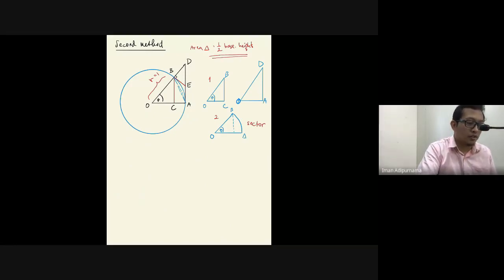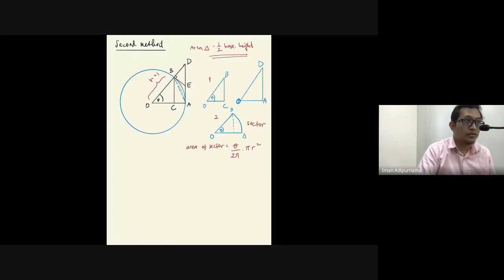And how about the area of a sector? Because the whole angle in a circle is 360 degrees or 2 pi, the area of a sector is its angle divided by 2 pi, multiplied by pi r squared.